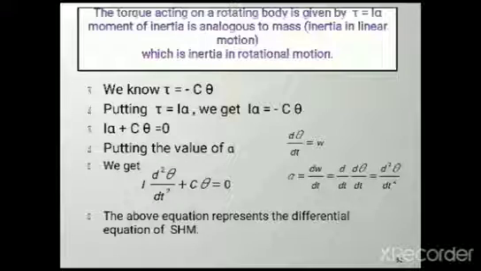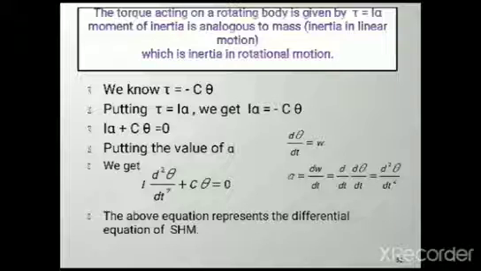The torque acting on a rotating body is given by τ equals Iα. So we know that τ equals minus cθ and τ equals Iα. We can equate both the equations. By equating both, we get Iα equals minus cθ.